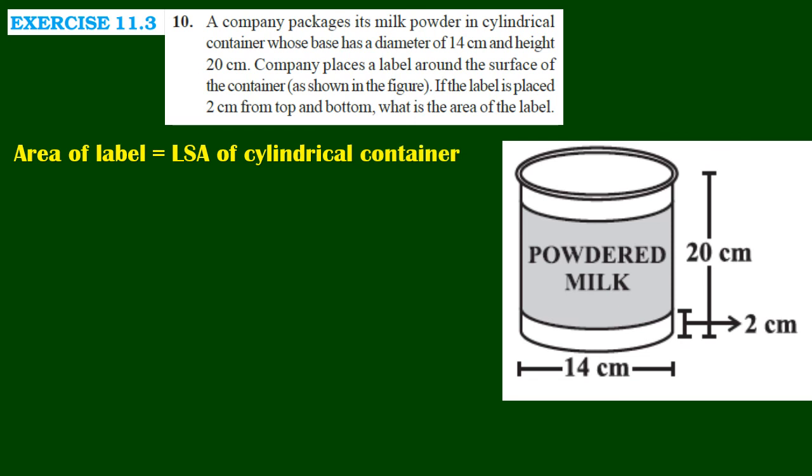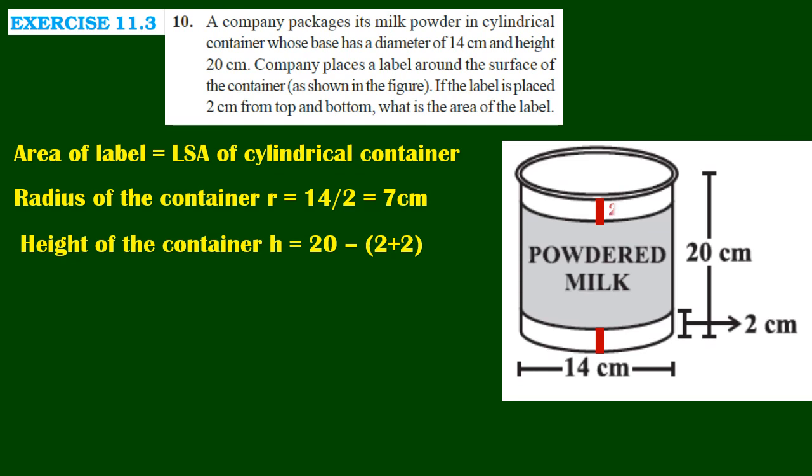So the area of the label is equal to the LSA or CSA of the cylindrical container. And the radius remains the same. What is the radius here? The diameter is 14, so the radius is 14 by 2, which is 7. Now the height. See, top and bottom, these two you have to reduce.